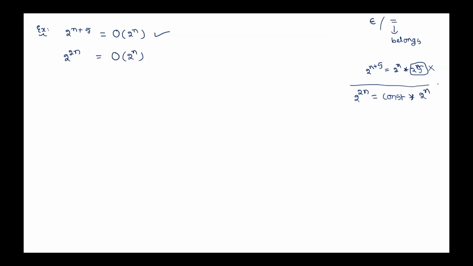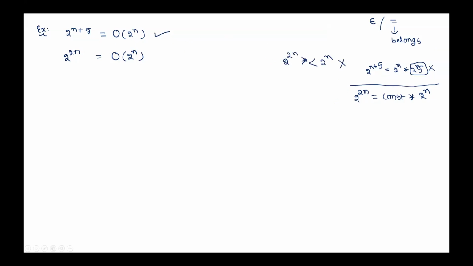Now, is it possible to write it? How can 2 to the power 2n be lesser than 2 to the power n? It is 4 to the power n, so this is definitely not smaller than 2 power n. It is very clear that 2 power 2n less than or equal to 2 power n is false.